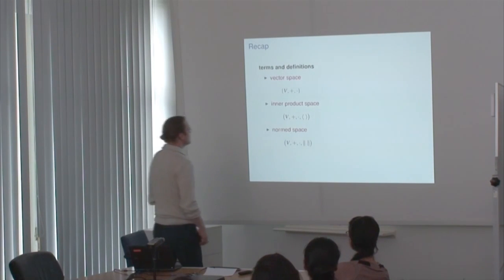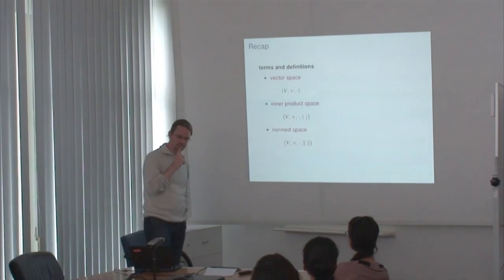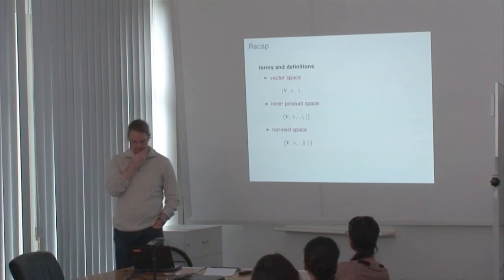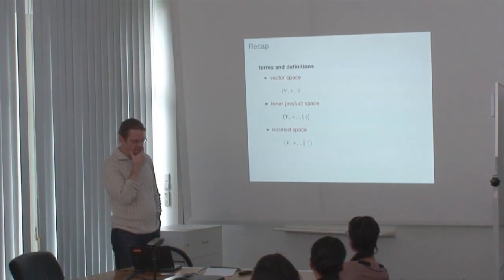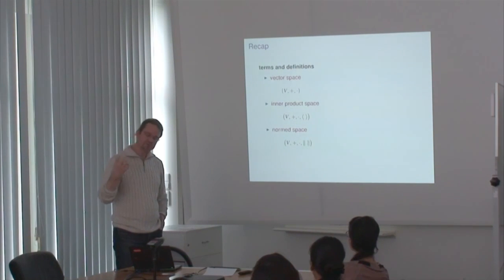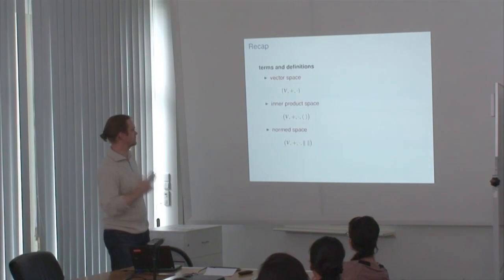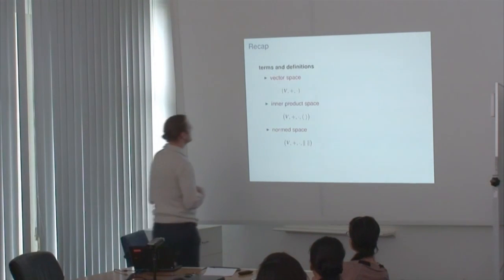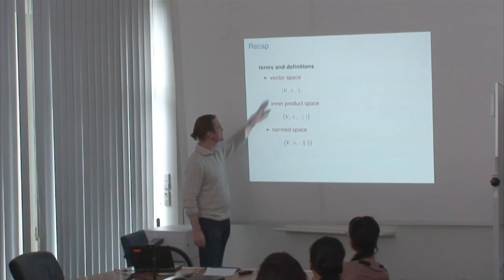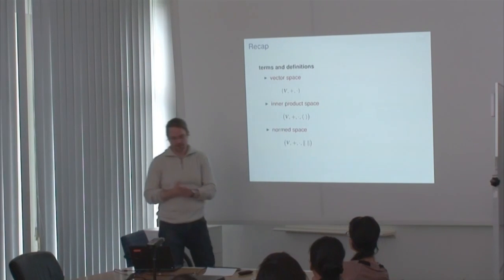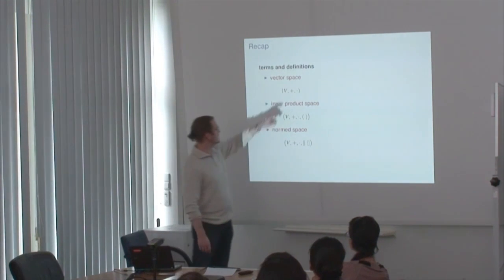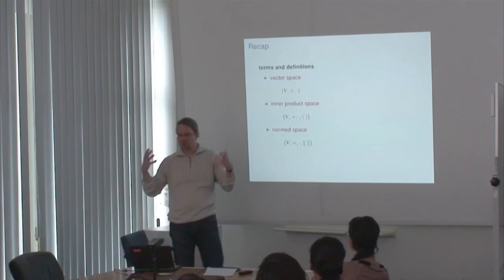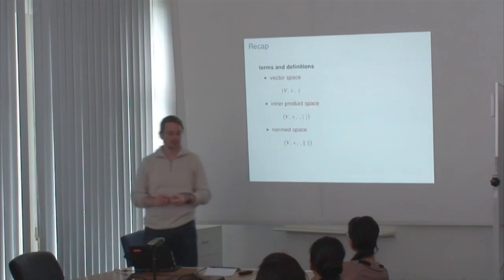And if you remember, in the last lecture, we spent quite a lot of time on discussing this abstract concept of a vector space. Right? We said that a vector space is a triple that consists of a set V, which we shall call the set of vectors.